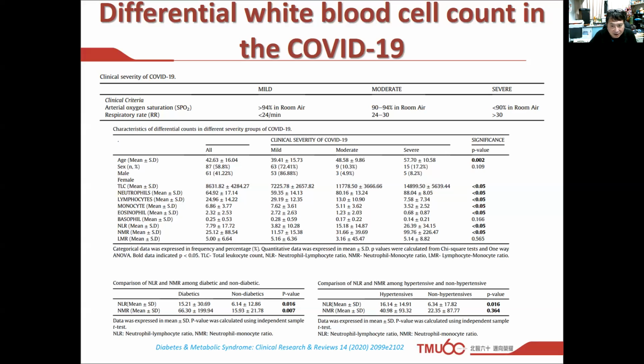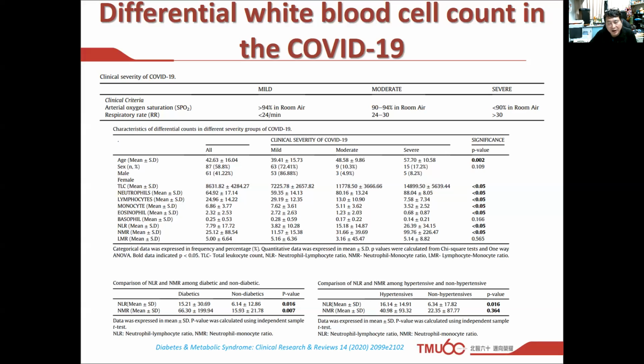The monocytes also have reduced numbers, and the eosinophils also reduced in the severe form, and the basophils did not change significantly. They also use the ratios, neutrophils over lymphocytes and neutrophils over monocytes.